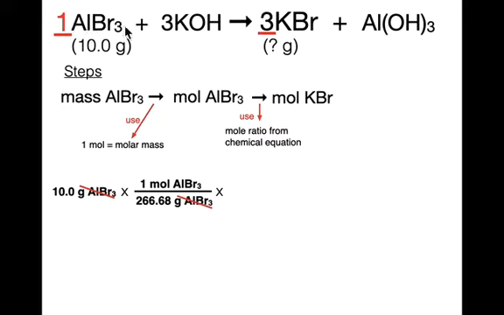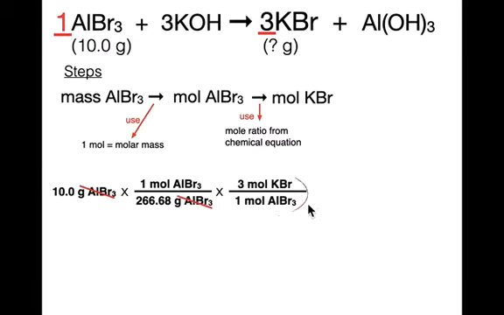When you look at the coefficients in a balanced chemical equation, think moles. So 1 mole of aluminum bromide reacts with 3 moles of potassium hydroxide to produce 3 moles of potassium bromide and 1 mole of aluminum hydroxide. So the mole ratio is looking at those coefficients.